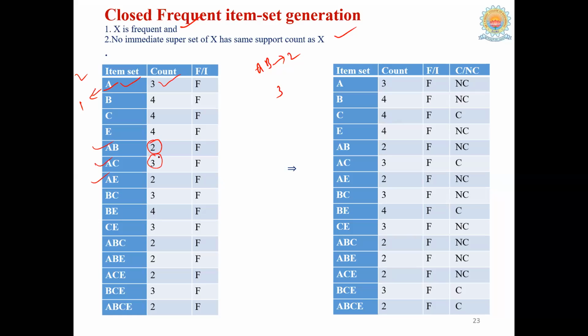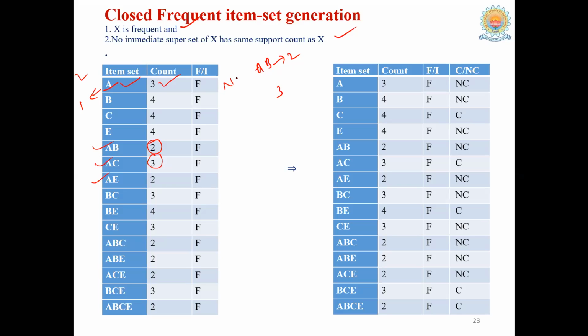Here it is 3, which is equal to this, so it shouldn't be closed frequent.